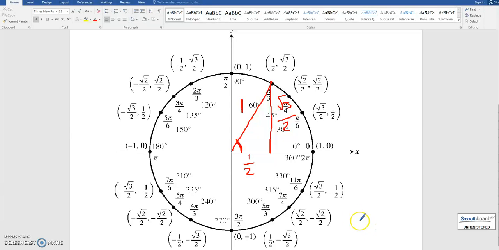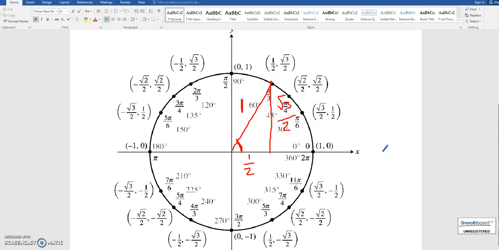So again, if we think about sine of 60 degrees, sine is opposite over hypotenuse. Dividing by 1 doesn't matter, so square root of 3 over 2 is our sine value. That's the y value that we see for this coordinate. Cosine would be adjacent, 1/2 divided by 1. Dividing by 1 doesn't matter, so cosine of 60 degrees is just the x value up there.